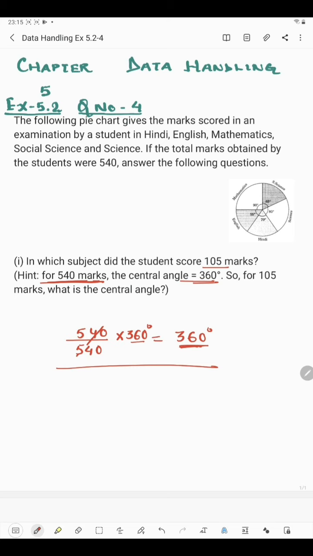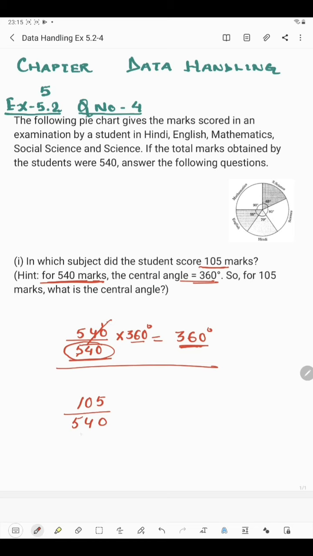Now here we have to find in which subject the student scored 105 marks. This 105 marks is out of 540 marks, so the student's marks will be written in the numerator.